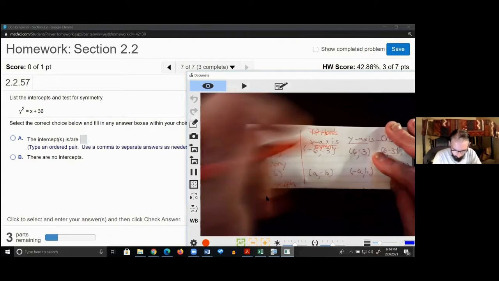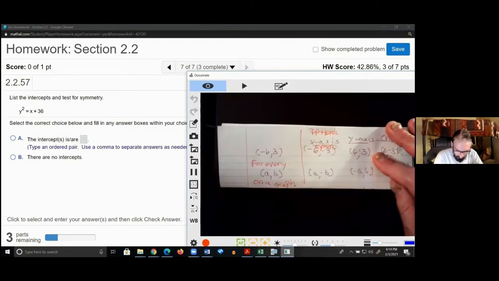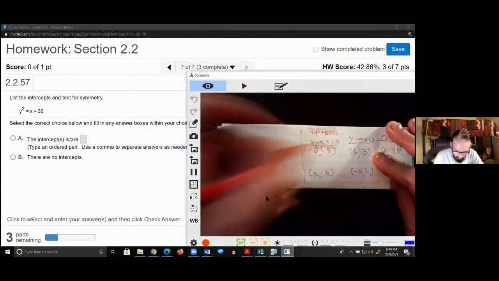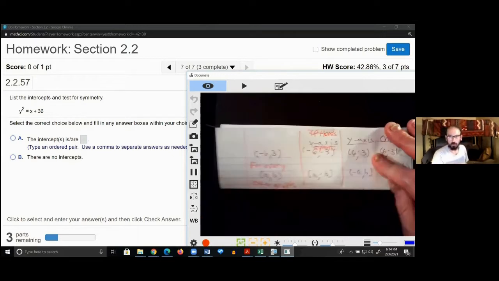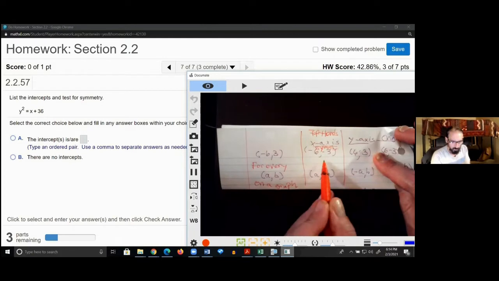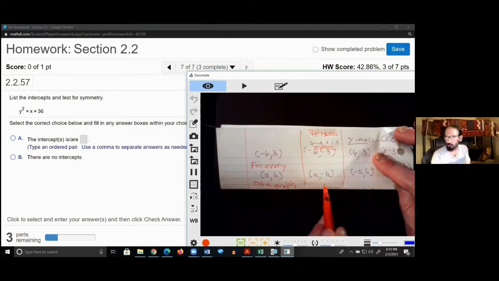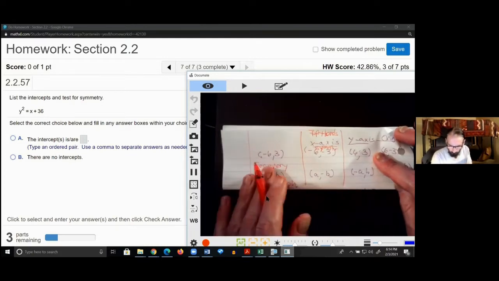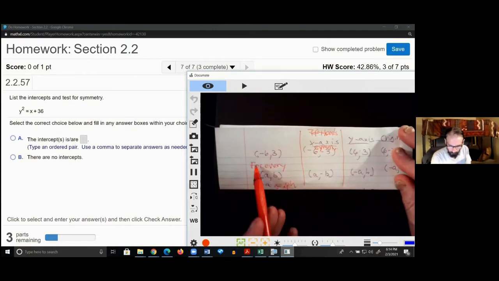Then, if there's x-axis symmetry, you get a change in the y-coordinate by switching the sign. Here's a particular example, and here's what we have in general. If there's y-axis symmetry, the coordinate that changes sign is the x-coordinate.